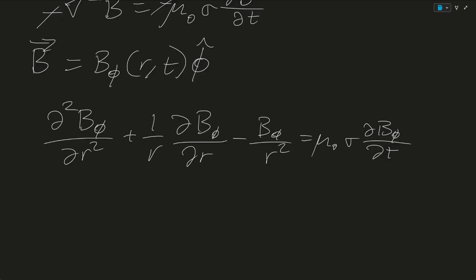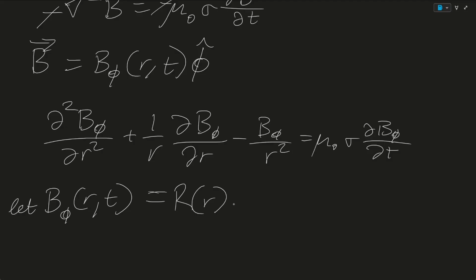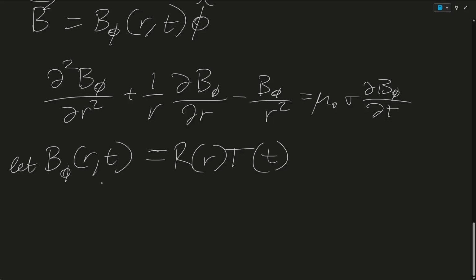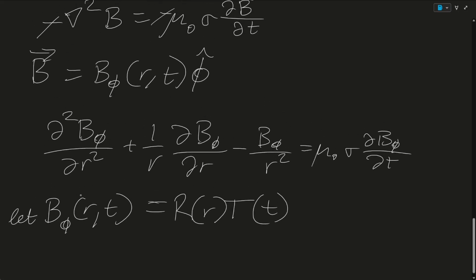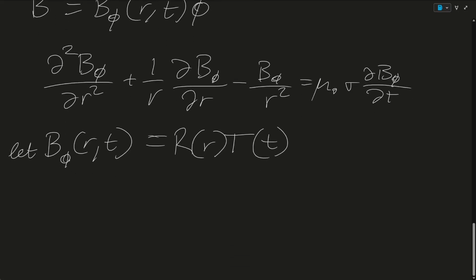Now, if we split it into two, so B sub phi of r, t, let B sub phi of r, t equal R of r times T of t. Now let's substitute.